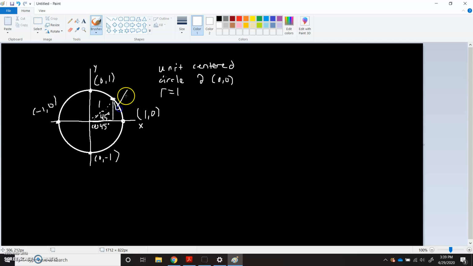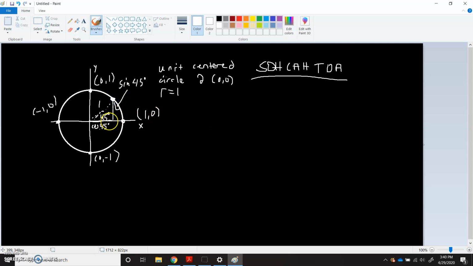And right here, this vertical would be the sine of 45 degrees. This comes from SOHCAHTOA. Review that if need be. But anyway, here we are.